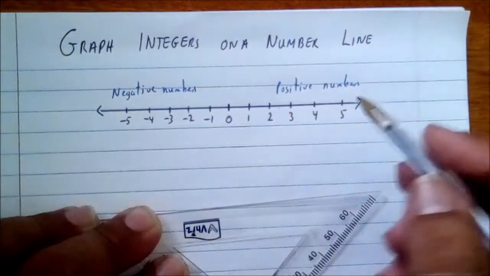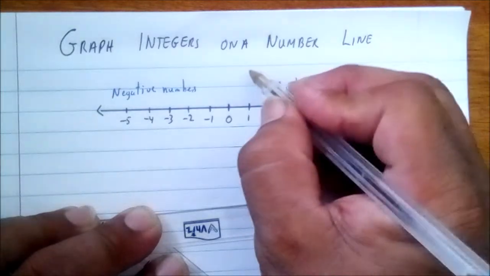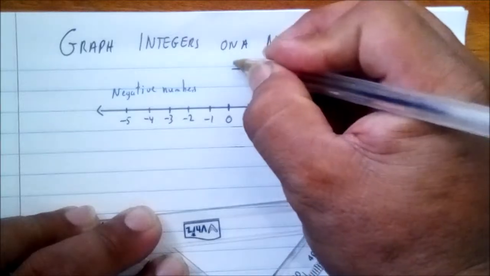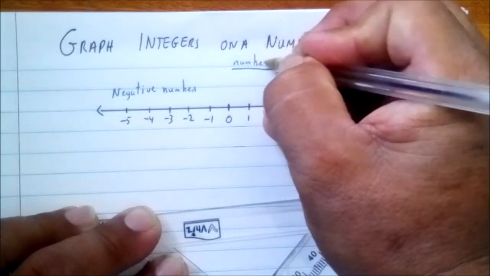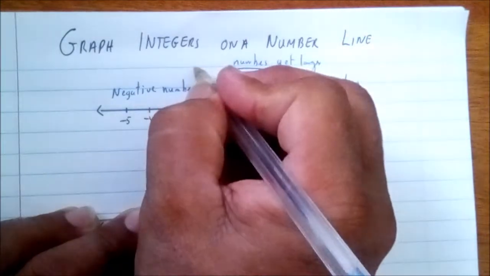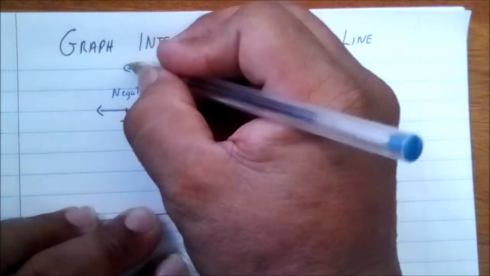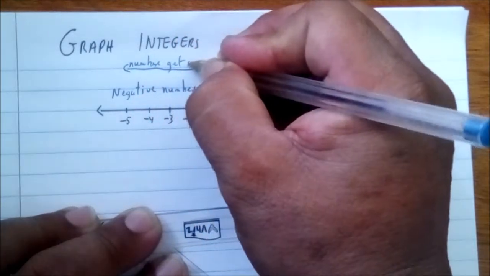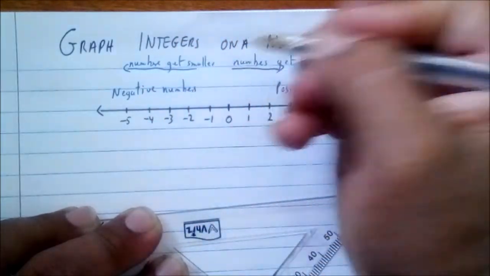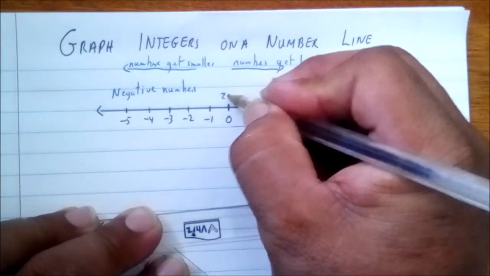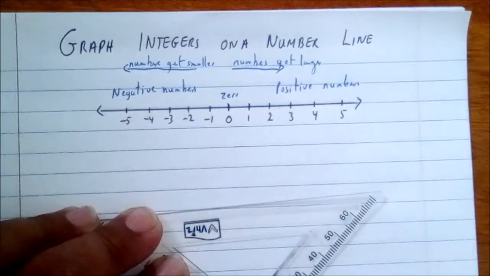Numbers get larger in this direction. Numbers get smaller in the other direction. And 0 is right there at the center.